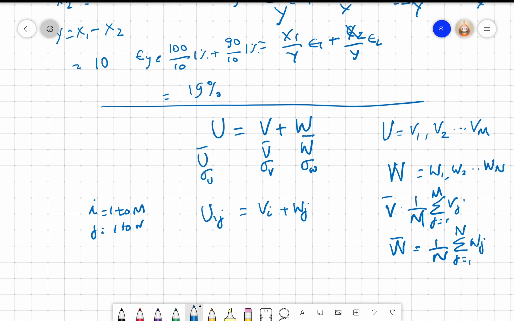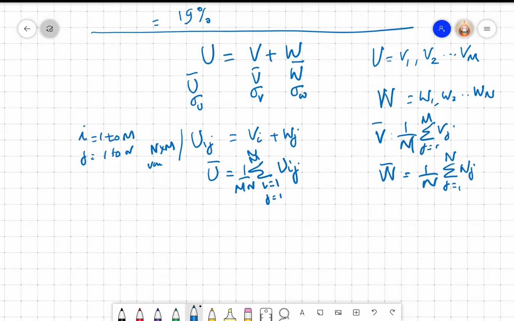Uij will have N multiplied by M values, right? So my U bar would be 1 by Mn, because there are total Mn values, sigma Uij, where i is equal to 1 to M, j equal to 1 to N.